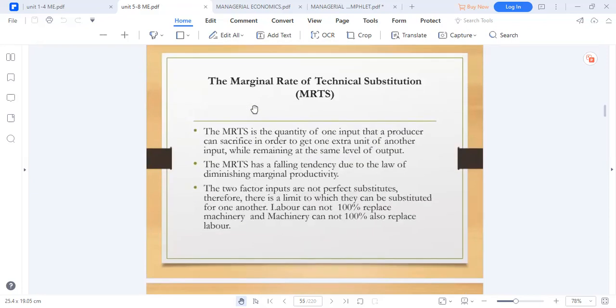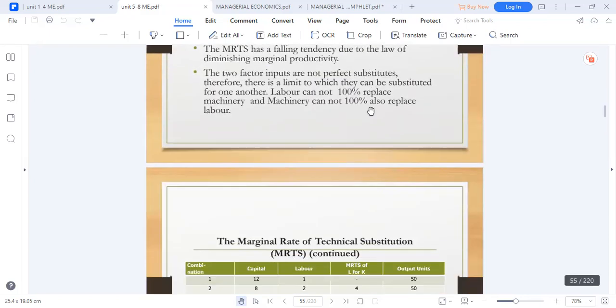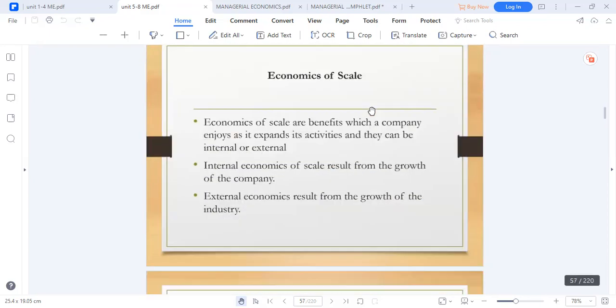And we also talked about the optimal point, which is called the marginal rate of technical substitution, which is simply the quantity of one input that the producer can sacrifice in order to get an extra input of the other whilst remaining at the same level. So marginal rate of technical substitution has a falling tendency due to the law of diminishing marginal productivity. So it is at optimal point.